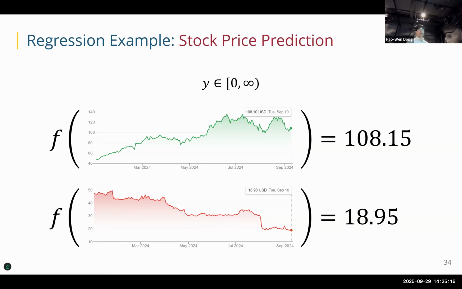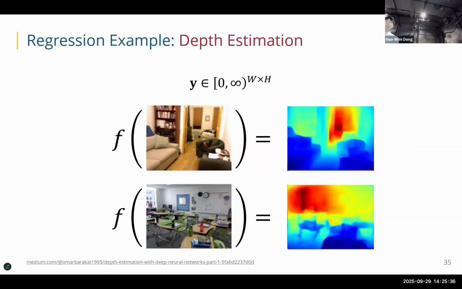So some of the most simple examples, think about stock price prediction. What we want to do is go from 0 all the way to infinity, and we basically just want to guess what the number is. So this will be regression, of course, because we are estimating a number. But now this is a little bit more tricky.